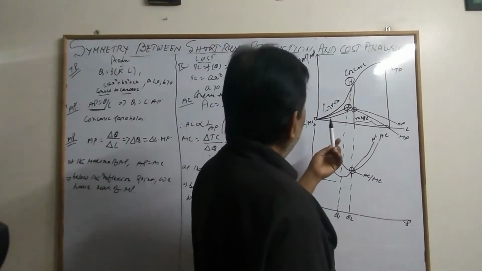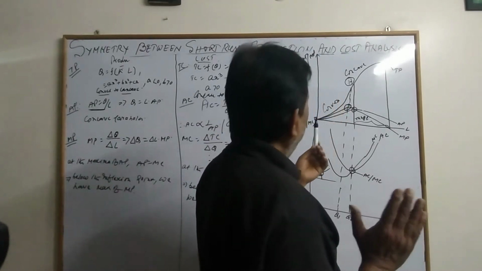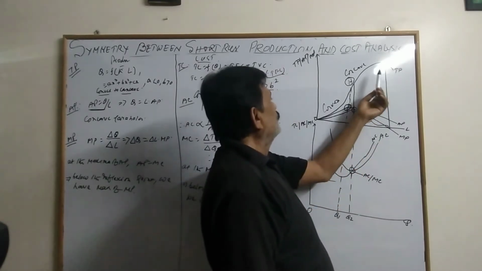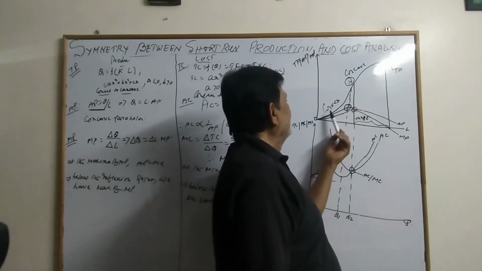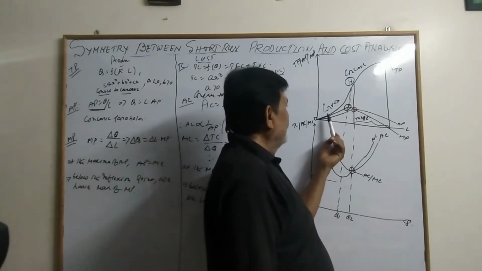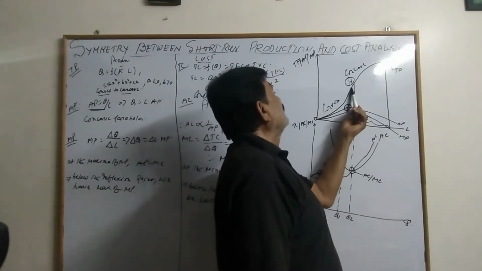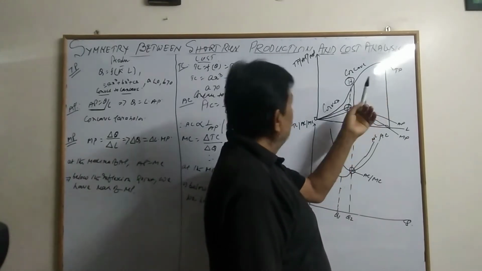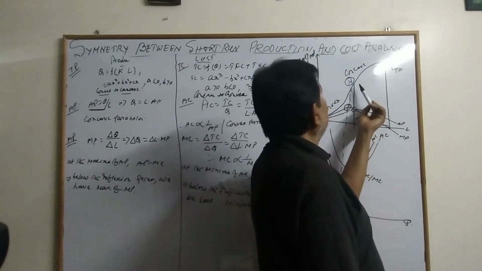What we observe is that with a fixed amount of the fixed factor, when we started using the variable factor, this total product curve initially increased at an increasing rate, so it was convex in nature. It attained its point of inflection, and thereafter it changed its curvature from convex to concave, which meant that when L is increased, TP increases but at a diminishing rate.